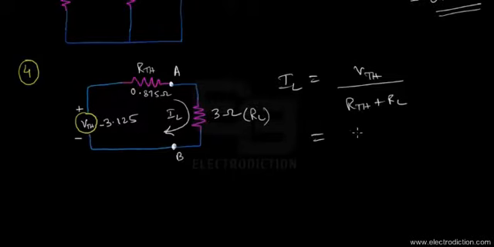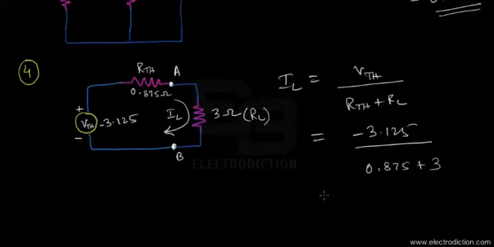If we put in their values, 3.125 divided by 0.875 plus 3 ohms, we're going to obtain a value of about 0.807 amps. Or we can also write it as approximately 807 milliamps of current flowing through this 3 ohms resistor.